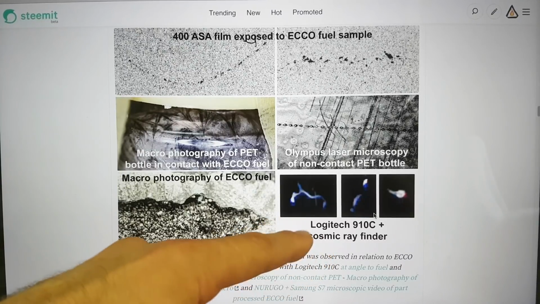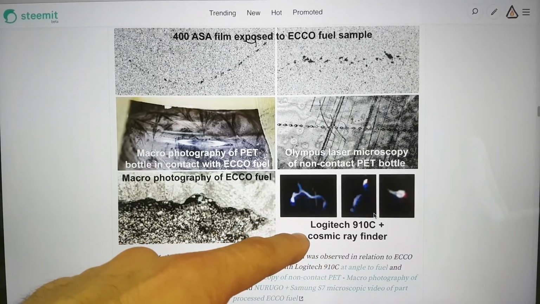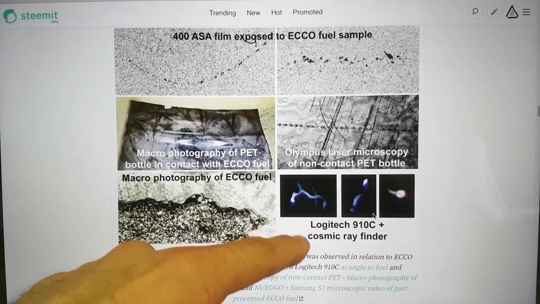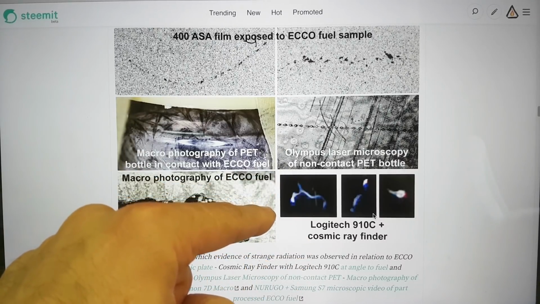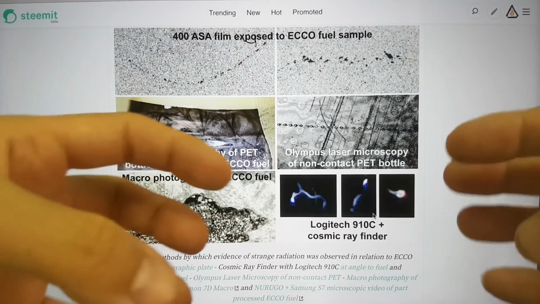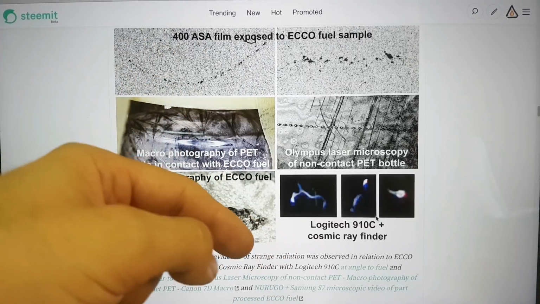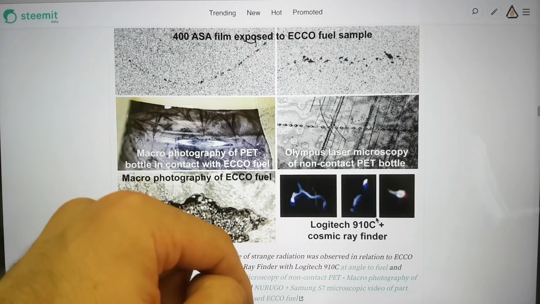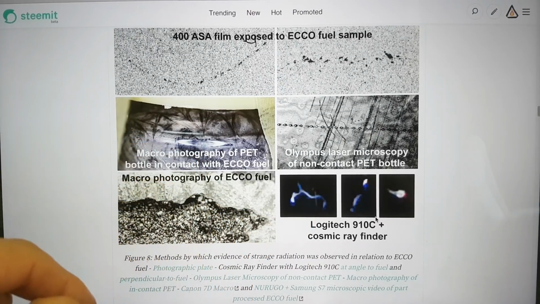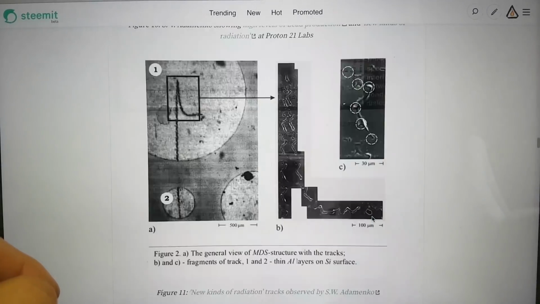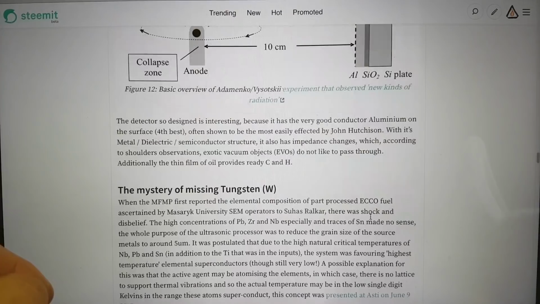But what I want to do is try and work with the programmer of Cosmic Rayfinder to allow multiple cameras to be in the same computer, so that you could have 4 times or 8 times the chance of observing any strange radiation coming out from a sample and capturing it real time.